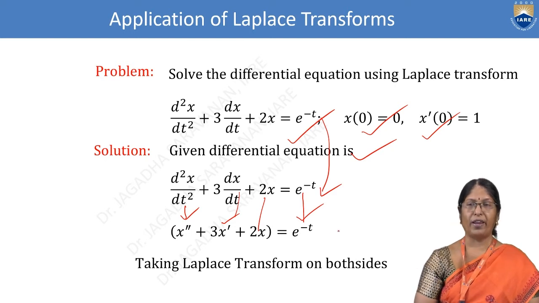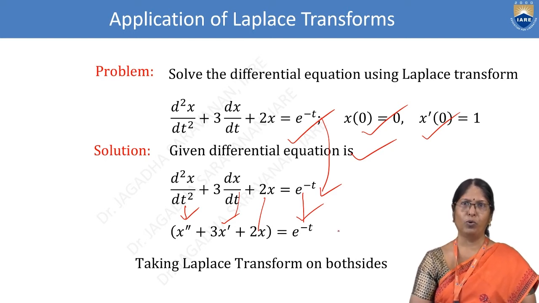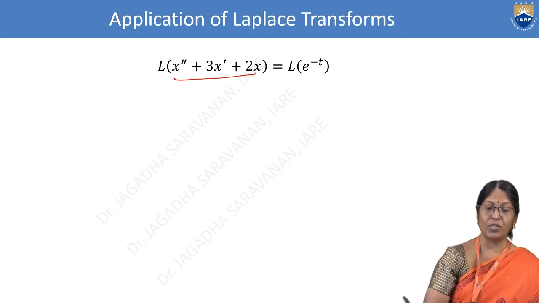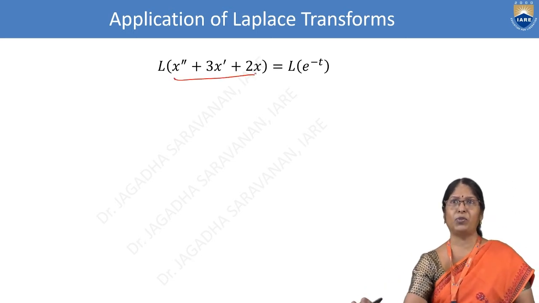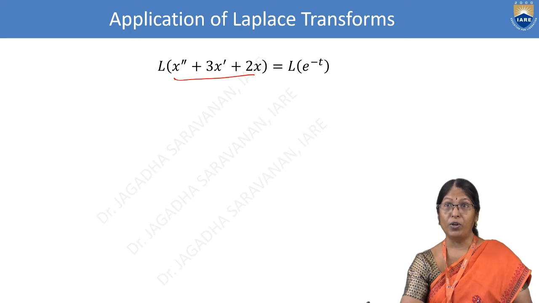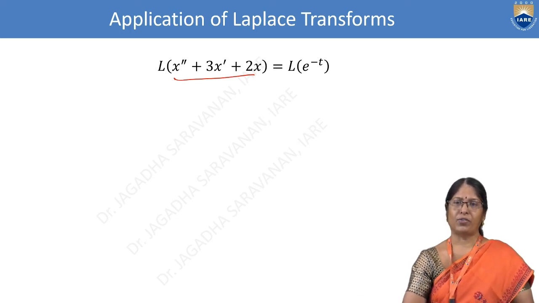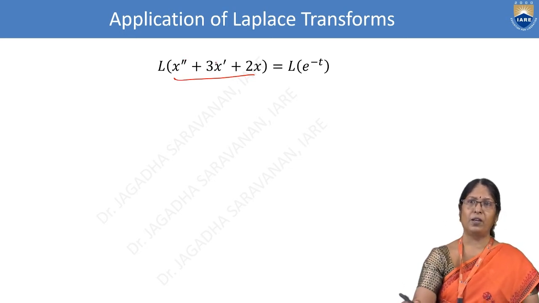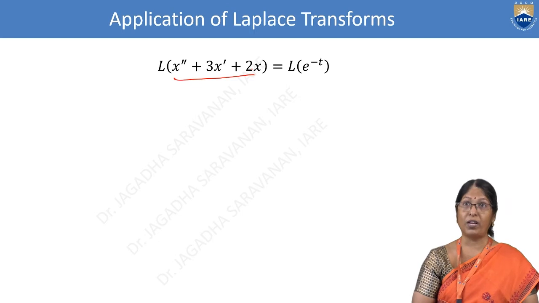So we are going to take Laplace transform on both sides. There are 3 terms, so using the property, Laplace transform of the first plus the second plus the third.